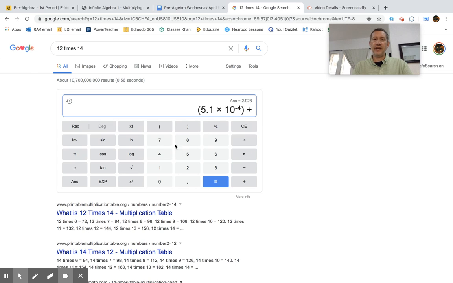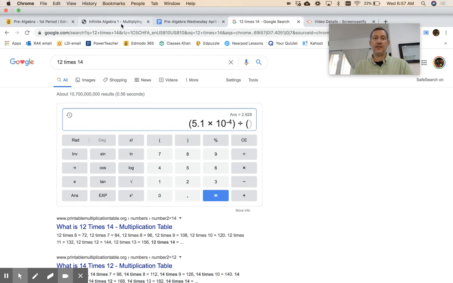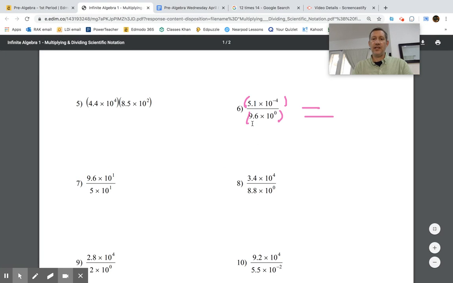Now we're going to divide that, and this is very important. This is where you have to put it in parentheses. If you forget the top, it's going to be okay. But do not forget to put the denominator in parentheses, or else you'll get the wrong answer. Okay, 9.6 times 10 to the 0.